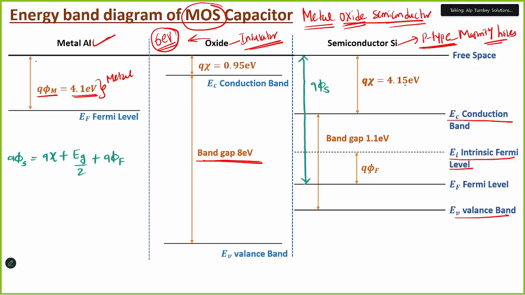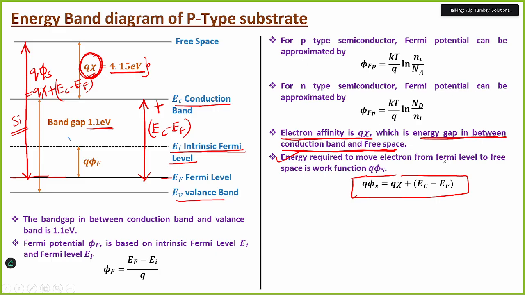This distance is q phi f, and this distance is q phi s, which equals q chi plus EC minus EF.